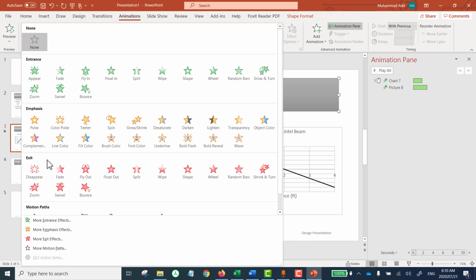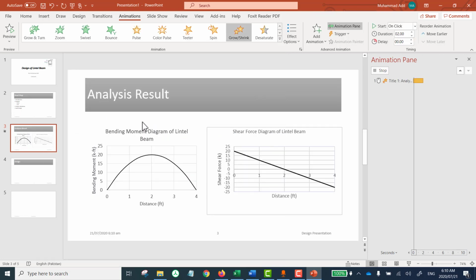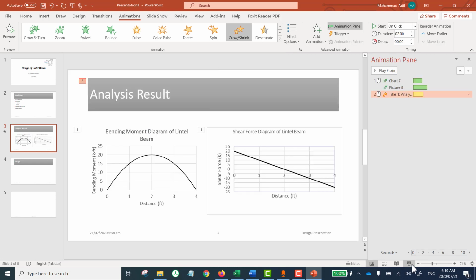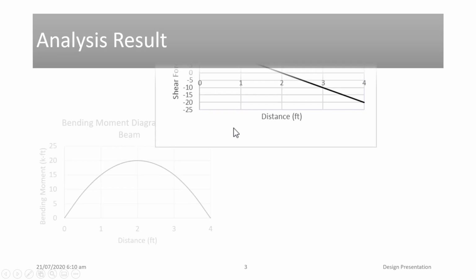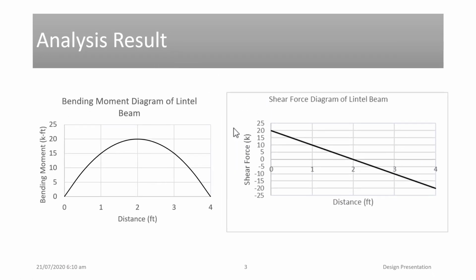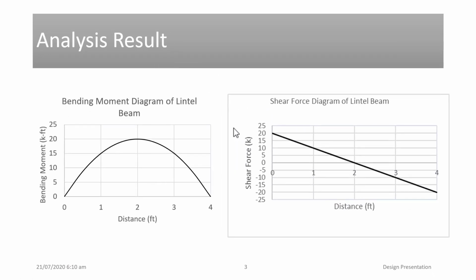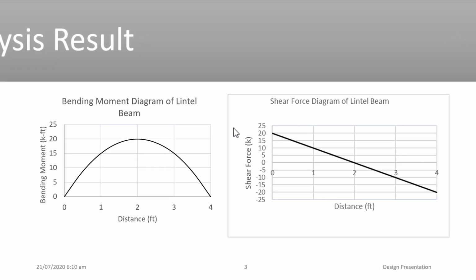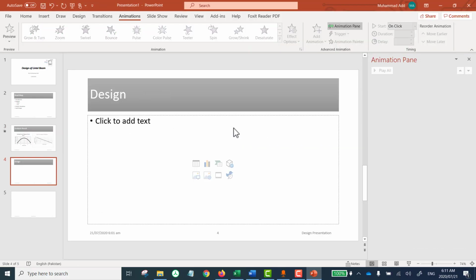So let me emphasize it by growing and shrinking like this. So this time the presentation is this, and then the emphasis of the title, and then the next slide.